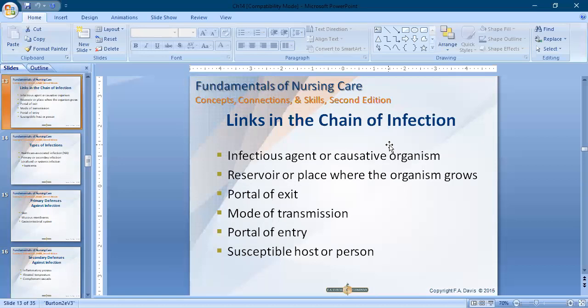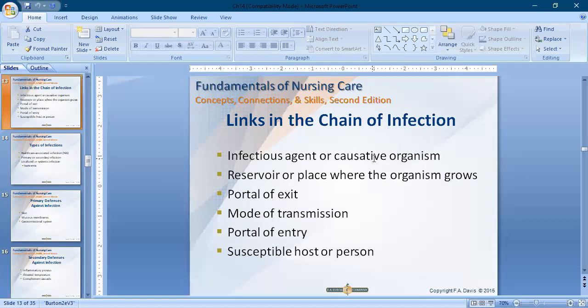The chain of infection, the first step is the causative agent, like bacteria or any toxin. Sometimes the bacteria attack a host like human or animal, we call it the reservoir.